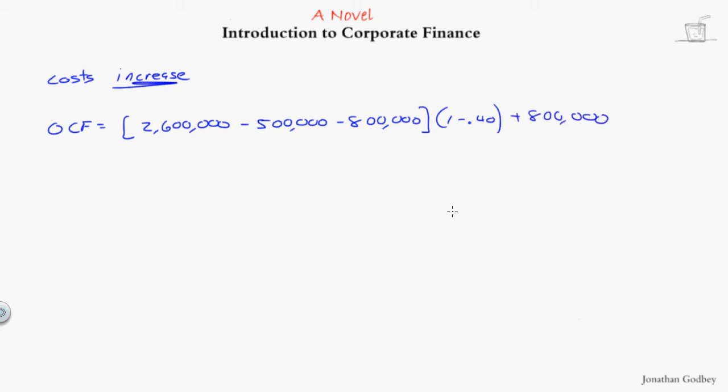So in doing that, my operating cash flows are 1,580,000. So it's exactly the same as before, except if the cost increase, it makes this negative.